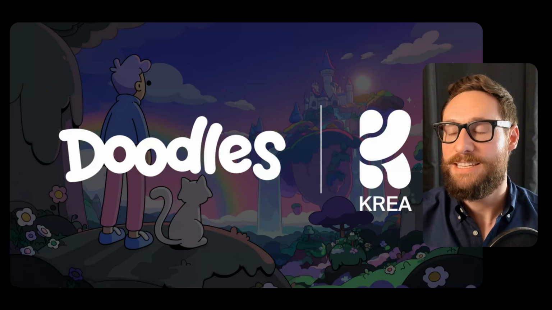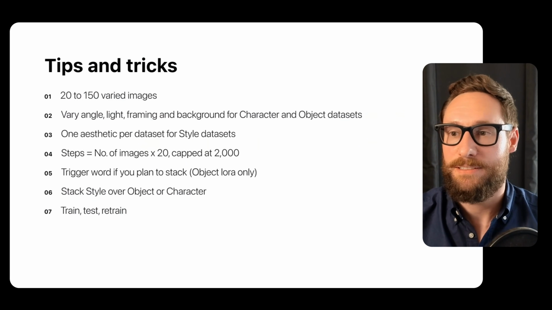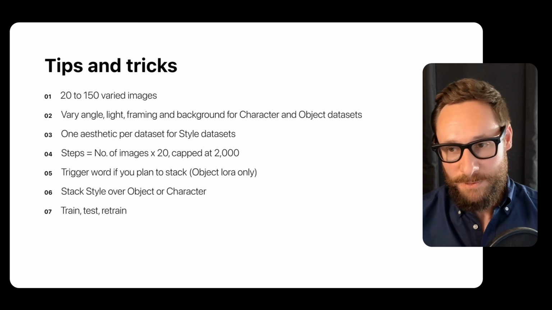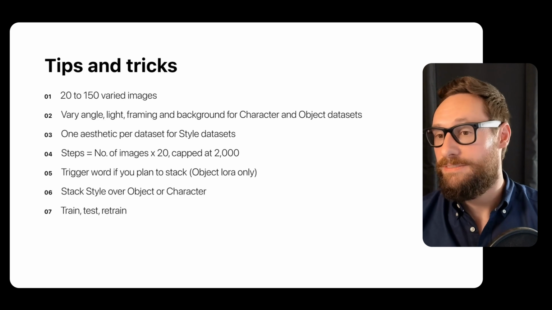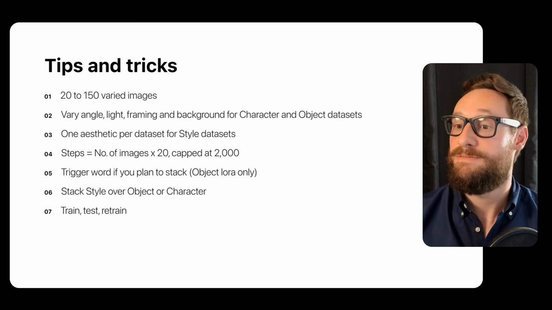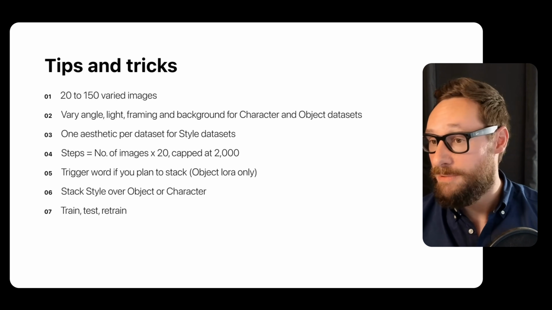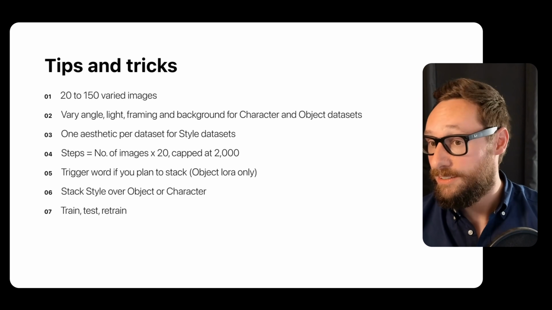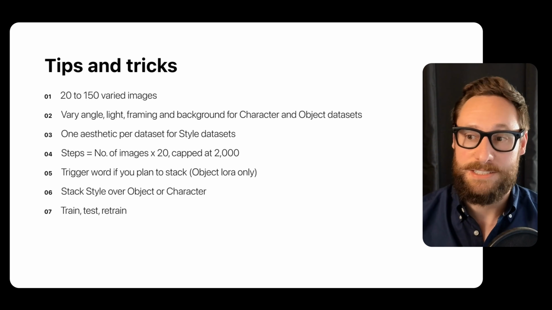Thank you so much. That was absolutely incredible to see. Right, let's have a little recap then. Some takeaways. So what we've looked at: the sweet spot is 20 to 150 varied images. If you're doing characters and objects, for those data sets, vary the angle, lighting, framing, and backgrounds. And then for style, have one aesthetic consistently throughout.